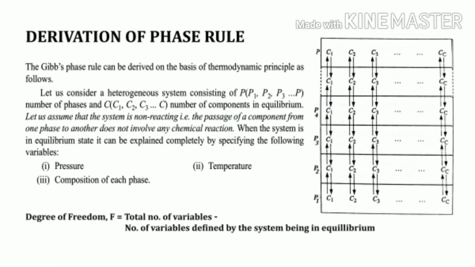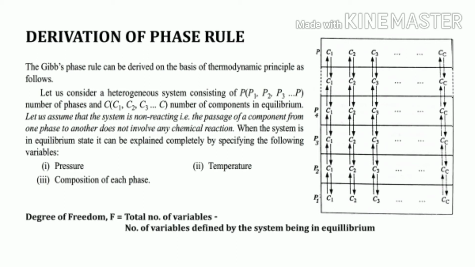To derive this, let us consider a heterogeneous system consisting of P number of phases and C number of components, in which C1, C2, C3 up to Cc components exist in P1, P2, P3 up to P phases. Let us assume that the system is non-reacting, that is, the passage of a component from one phase to another does not involve any chemical reaction.